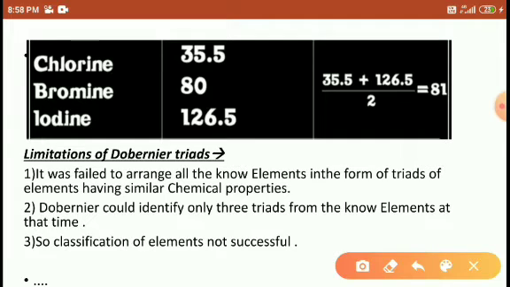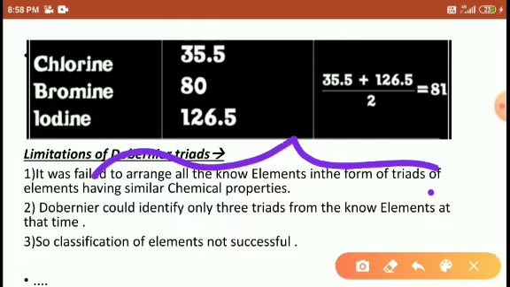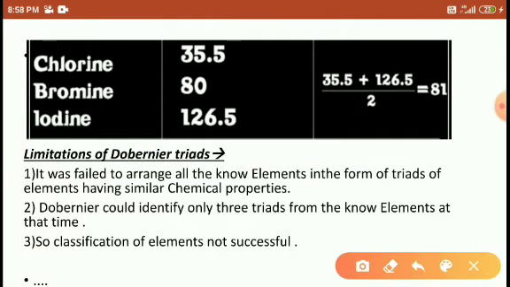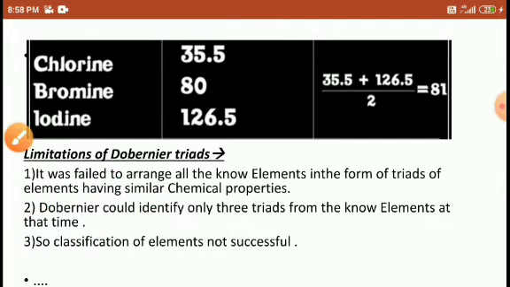At that time, only such metals were used to make the triads. Second, he was unable to make more than 3 triads, students, right? Understood? So that's why this theory was a failure.